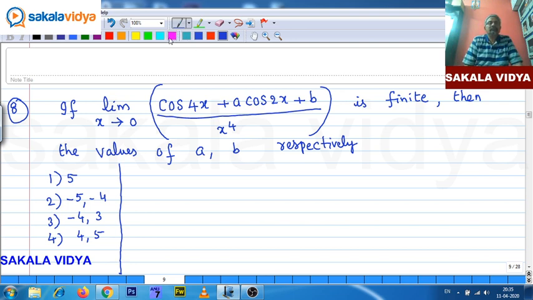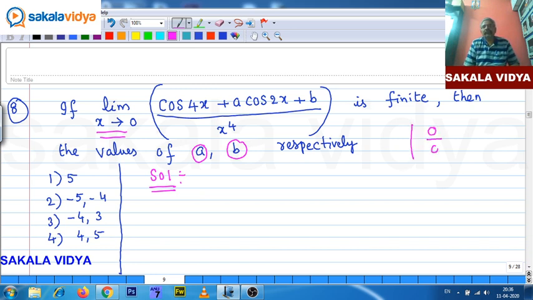So, now limit x tends to 0, cos 4x plus a cos 2x plus b by x to the power of 4 is finite. Then the values of a and b we need to find out. Here it is finite value means if we put x is equal to 0, it must be in the form of 0 by 0 form.